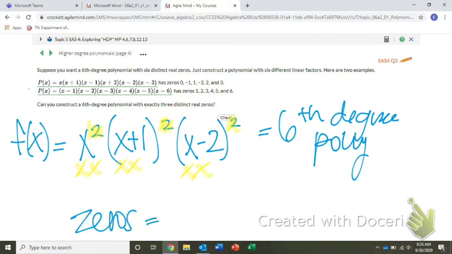So my zero for this one is just 0 because I don't have anything attached. Remember, you set your parentheses equal to 0, or you can just change the sign. So the second one would be a -1, and the third one would be a +2. Now, I want you to create 2 more on your own.